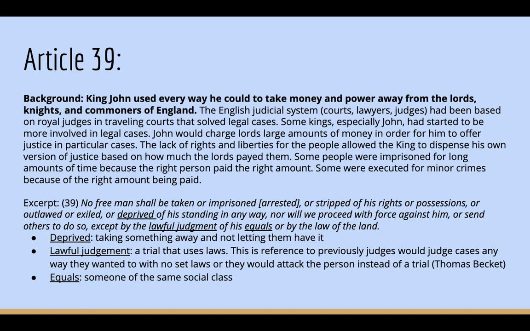And again, keeping in mind that it is the high-ranking church officials, it is the nobility that is presenting the Magna Carta to King John and forcing him to affix his seal, forcing him to agree with this. Why would that happen? Okay?